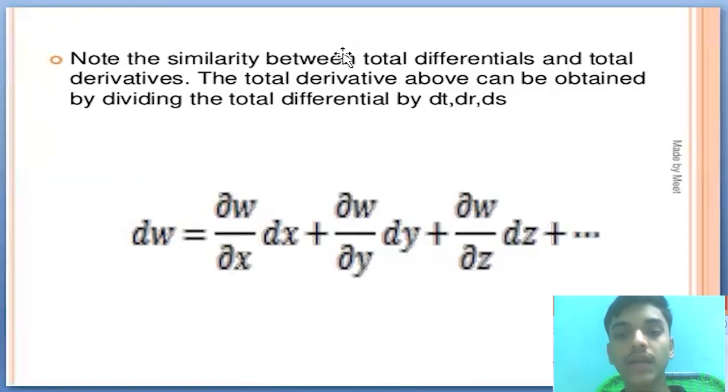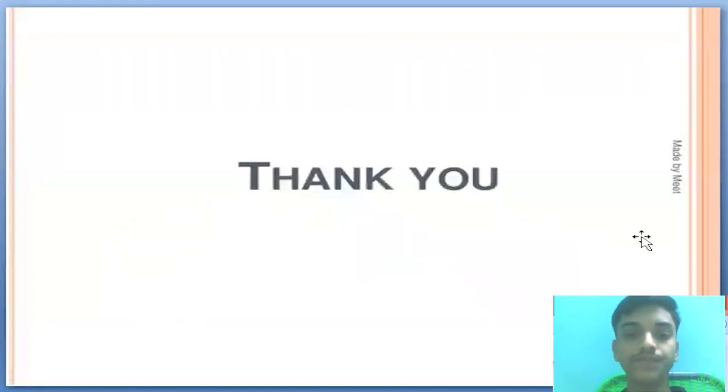Note the similarity between total differentials and total derivatives: the total derivatives above can be obtained by dividing the total differential by dt, dr, ds. If we cancel out the denominators, the equation will be like this.